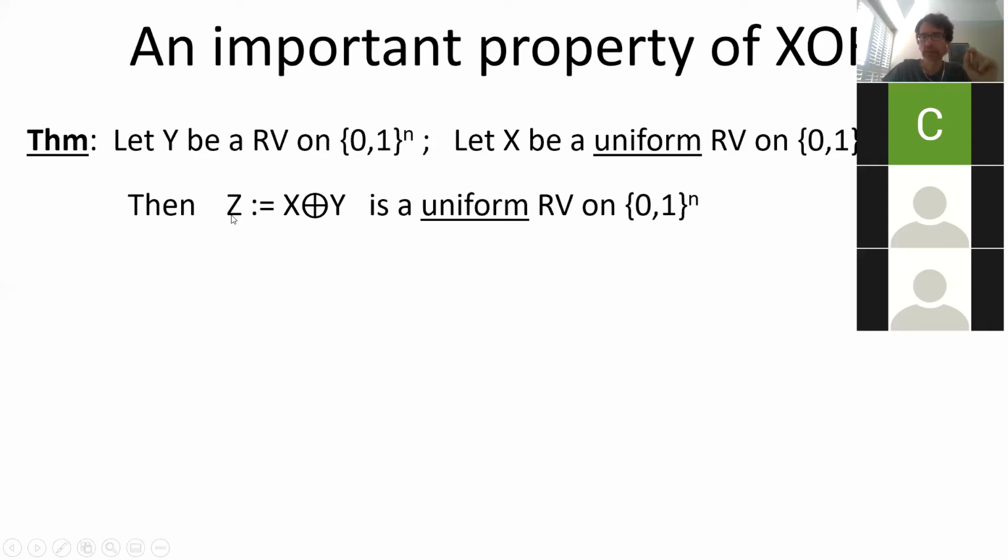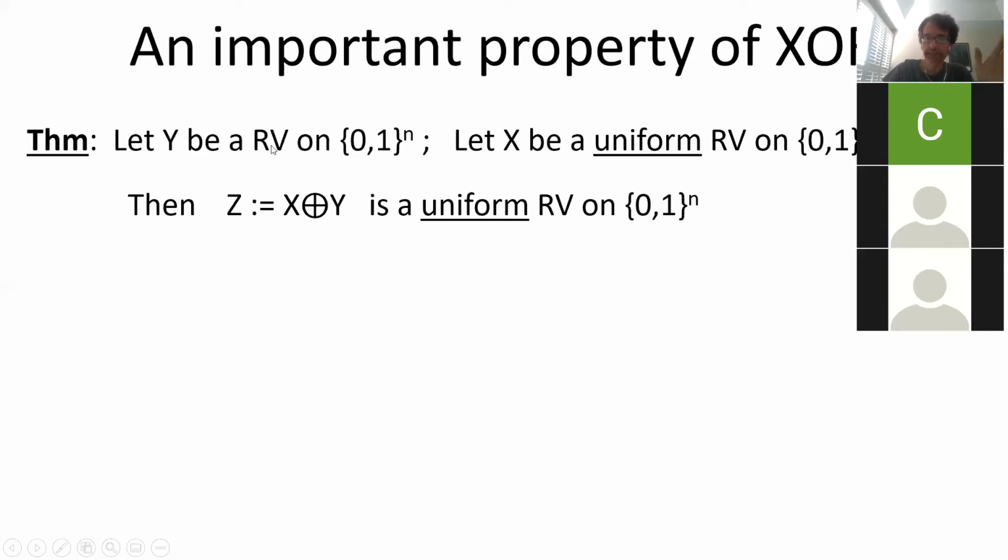Now I XOR the two strings. I XOR the purely random one and the one that came from some distribution. I don't know what that distribution was, some complicated distribution. And no matter what distribution this came from, because X is purely random, if I XOR the X string with the Y, what I get is a purely random string. So that's the beauty of XOR.